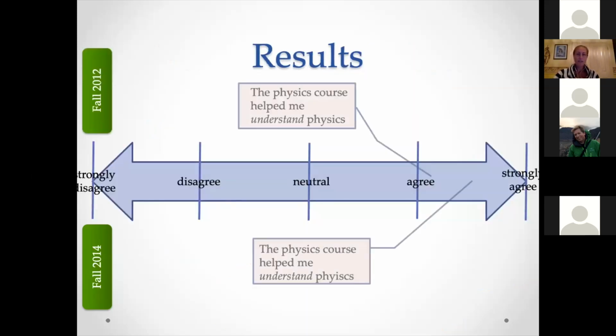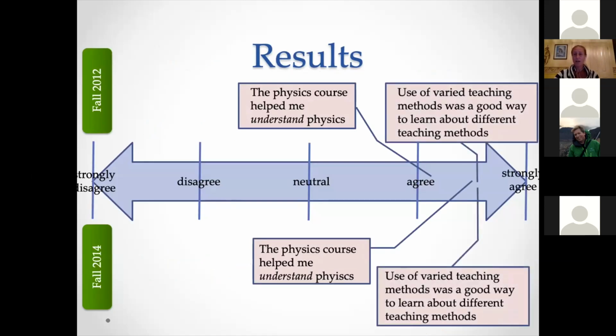Other results: students felt that the course helped them understand physics, not just learn a whole bunch of facts. And they also thought that the use of varied teaching methods was a good way to learn about different teaching methods, which is very important for future teachers.